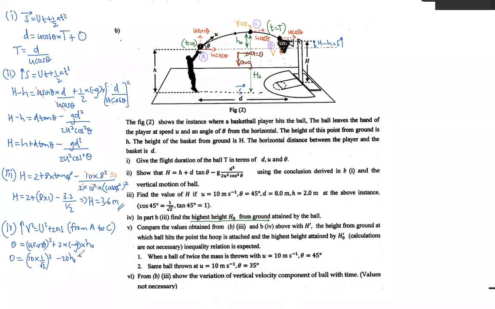So 20 H naught equals 10 over root 2 squared, that is 50, because 10 squared is 100, root 2 squared is 2. So H naught is 50 over 20, 2.5 meters.